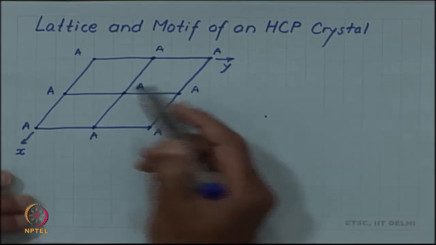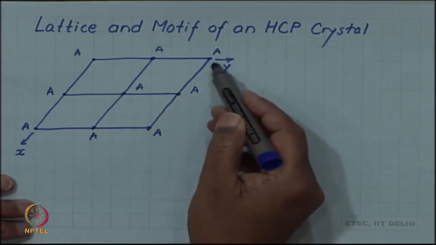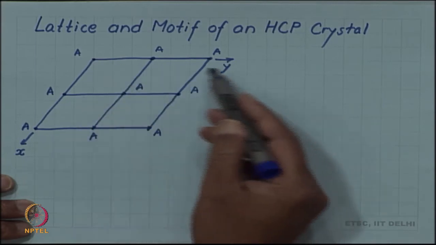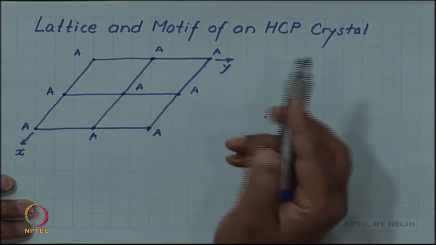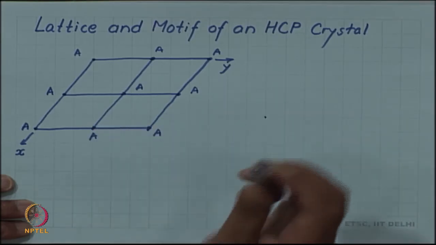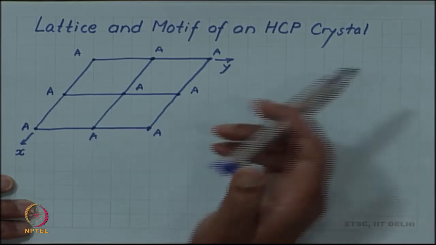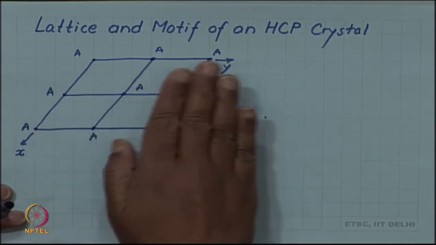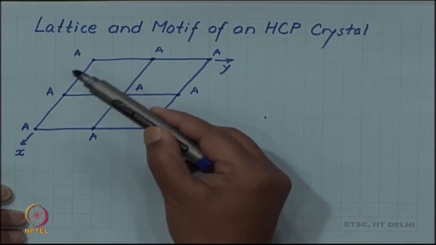Of course, not all; we are showing you 2 by 2, that is 4, unit cells. All the lattice points are within these 4 unit cells, but by repetition you can fill the 2 dimensional plane. In the third direction, perpendicular to these planes, the repetition distance is c.